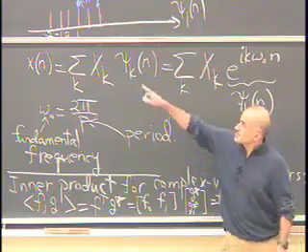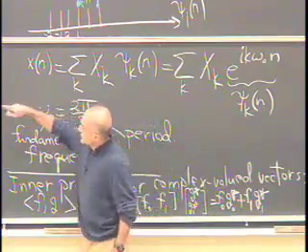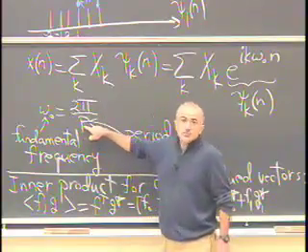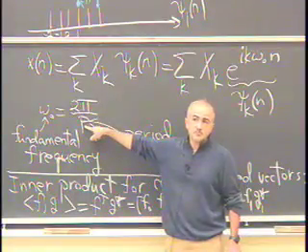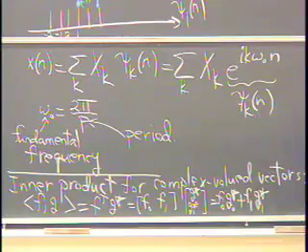The special case that we worked out up to this point was for p equals 2. Notice what happens to these CKs when p is equal to 2. Omega naught is pi.